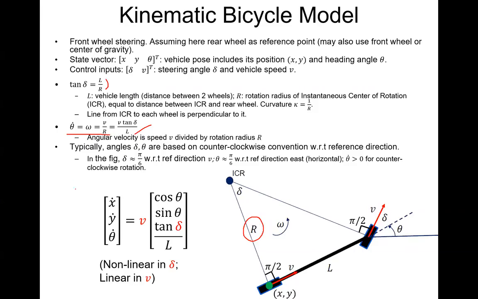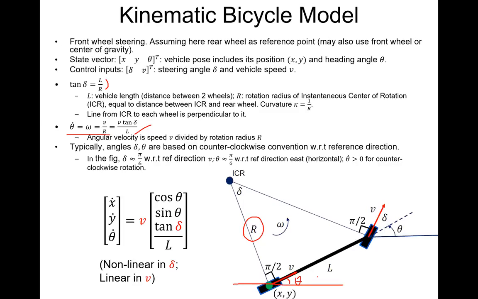So if you write out the state equation in matrix form, in the vector form, you have this equation. X dot is v times cosine theta, so the velocity in the x direction is v times cosine theta, the projection of velocity to the east direction.